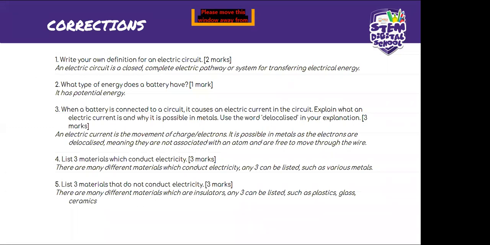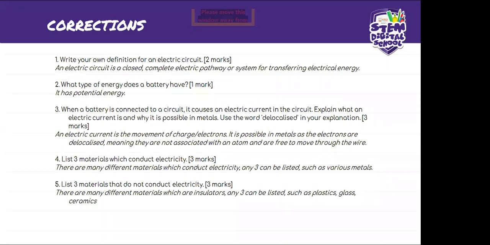It is possible in metals as the electrons are delocalized, meaning delocalized electrons are electrons that are not localized. They are not put at one place. They are not fixed.